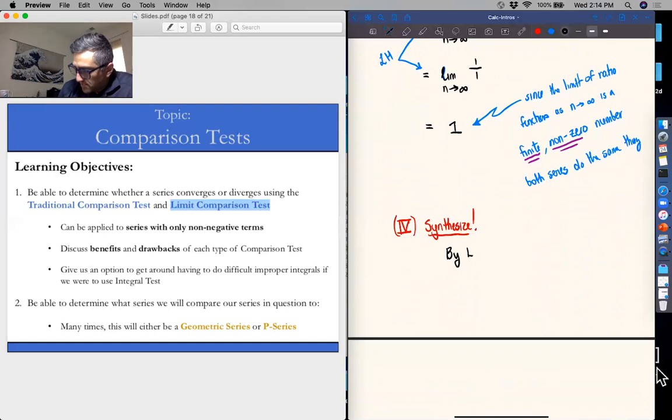By the limit comparison test, both series do the same thing in terms of diverging or converging. But since one of those series is a known divergent series, both of them must diverge.